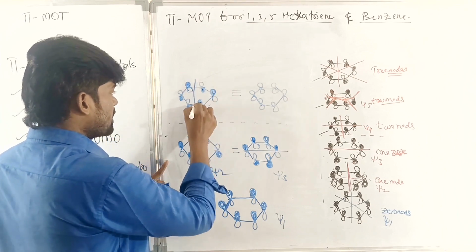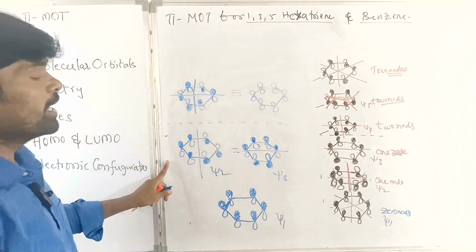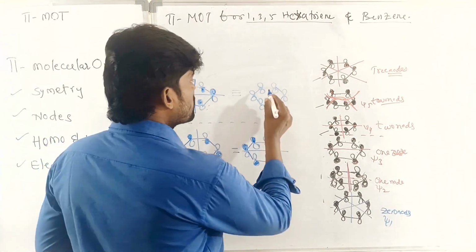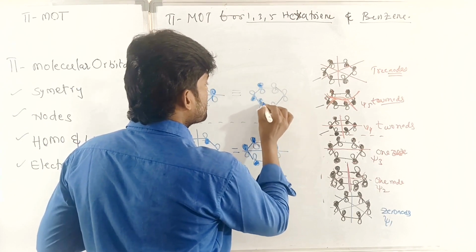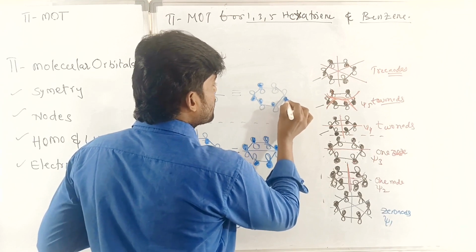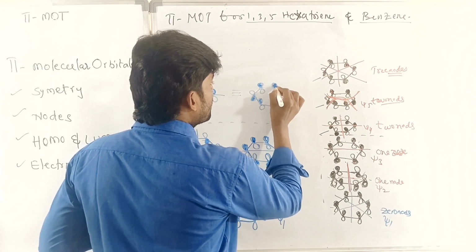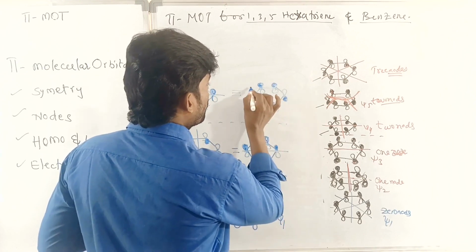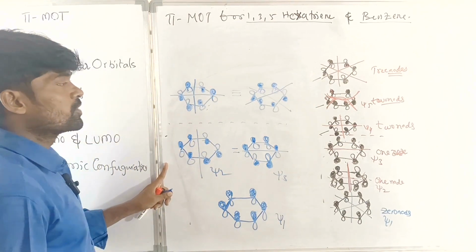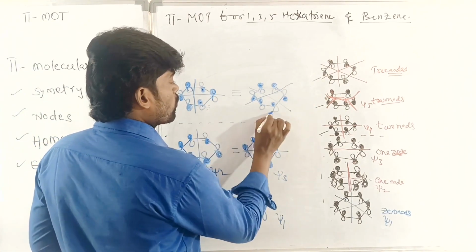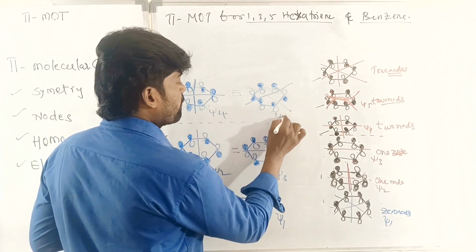With respect to this axis and with respect to this axis, we are going to separate it into two parts. Coming to psi 5: C1 upside, C2 downside, C3 and C4 upside, C6 downside. We are going to cut this into two parts with this one. So, two nodes, both are the same in energy level, psi 4 and psi 5.